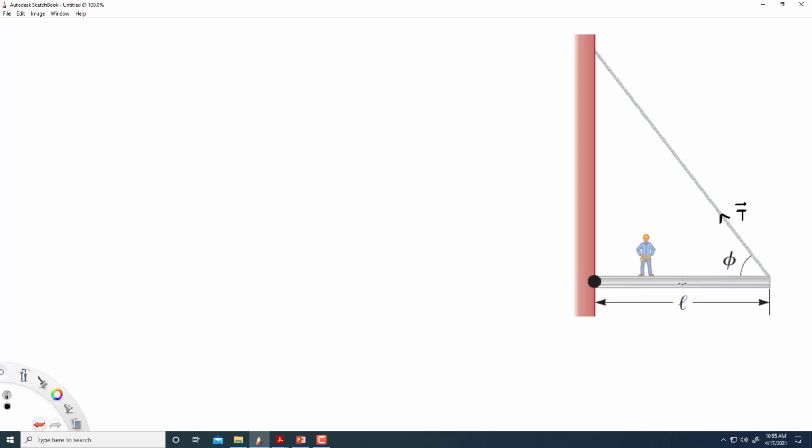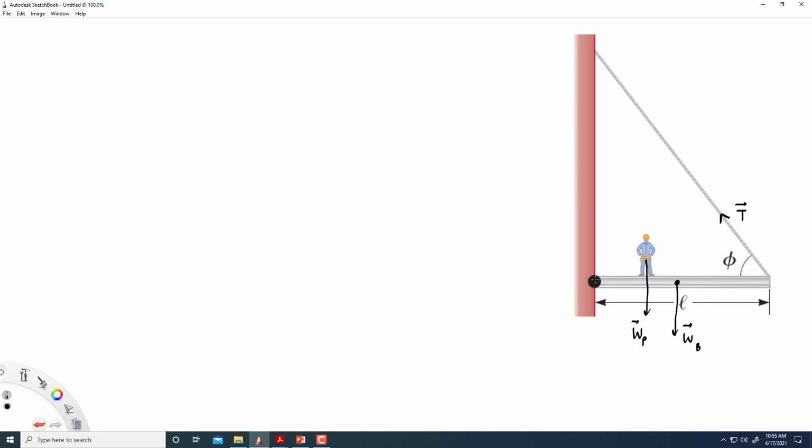The next one is, we assume that the weight of this beam is concentrated at the center, which is halfway its length. So that's the weight of the beam. And then this person is standing at 2 meters from the wall, so this person also exerts force on the beam with its weight, so WP.